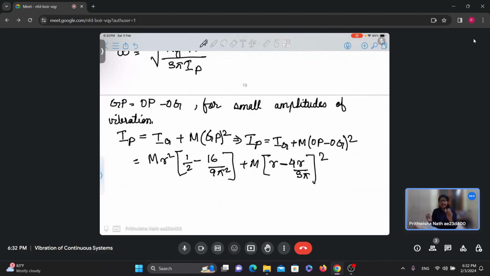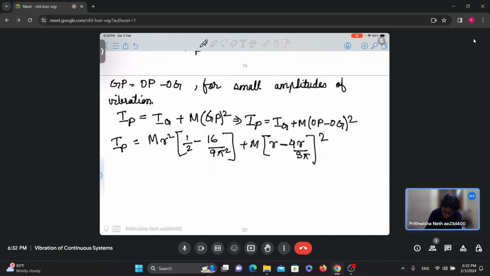Now I need to simplify this. Ip equals, I'm taking mr square as common, so half minus 16 by 9 pi square plus 16 by 9 pi square minus 8 by 3 pi.